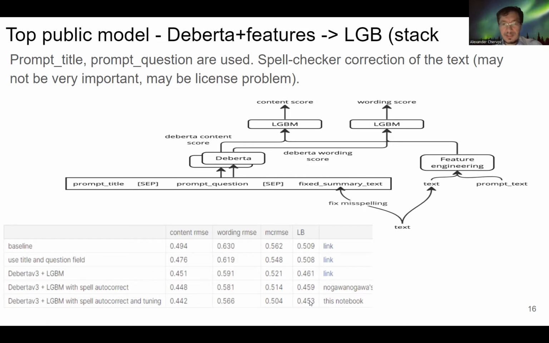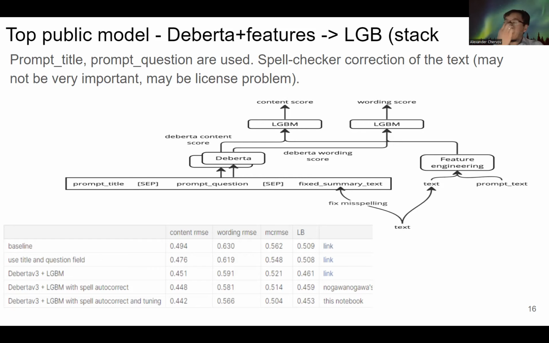Another interesting thing is that in this notebook they use fixed mix spanning. What they do is take the text, run the spell checker and correct all the mistakes, and put this corrected text into the DeBERTa. They say that it sometimes helps. I'm not sure.